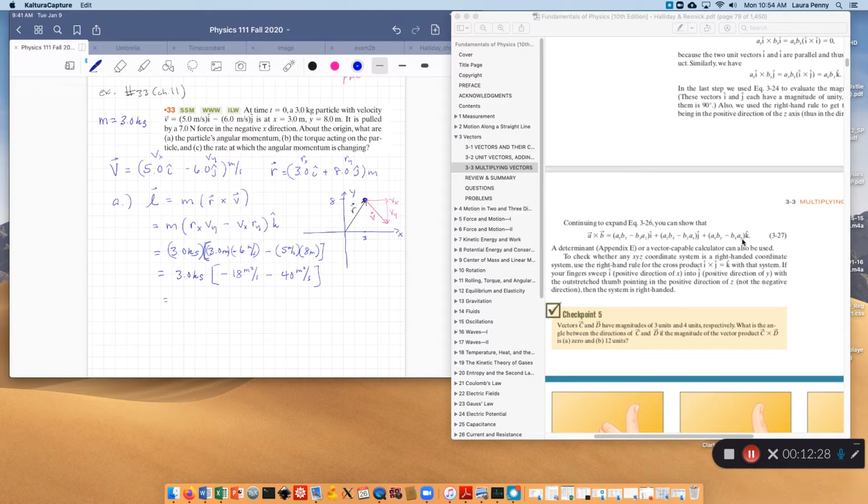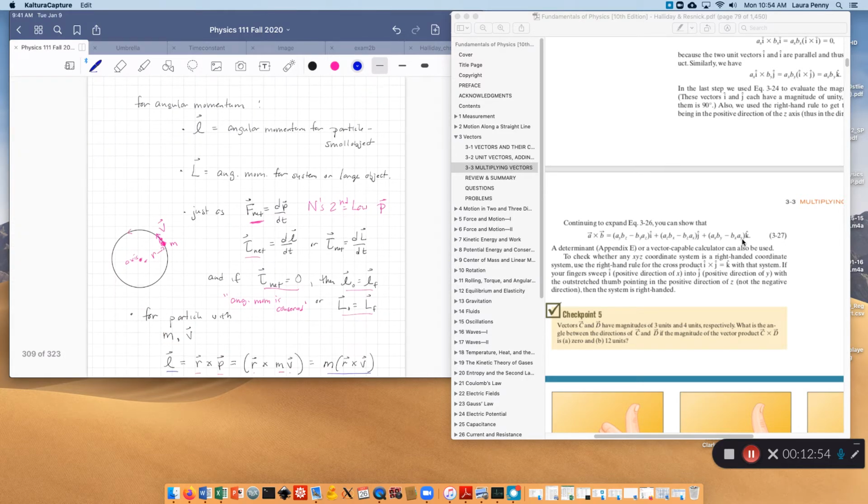And so I end up with negative 58 times 3. Negative 58 times 3 is negative 174. And the units are kilogram meter squared per second, which is actually true. Those are the units for angular momentum.